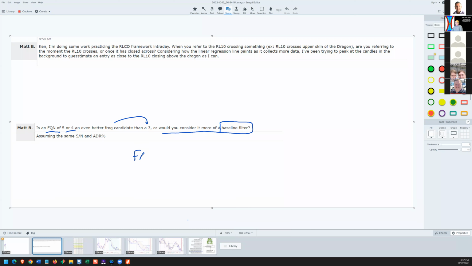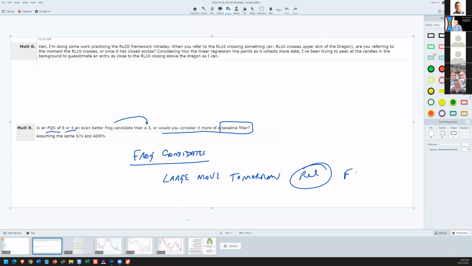So what we want to talk about with frog candidates is that we're looking for something that's poised to make a large move tomorrow, relative to the size of the frog box.